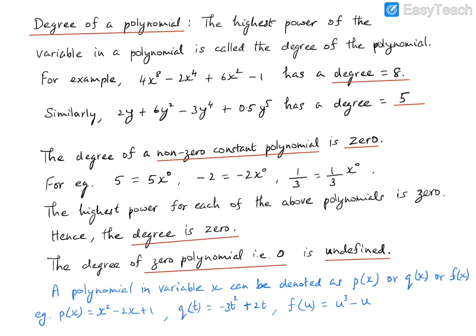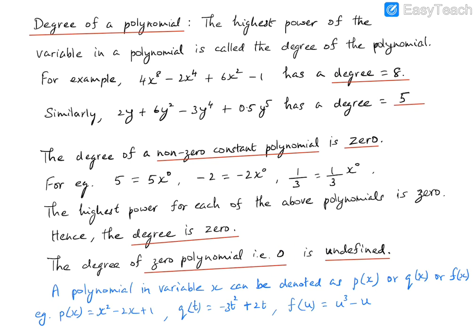However, if the constant itself is 0, for instead of 5, if we have 0, we can't say 0x^0 and say the degree is 0. Okay, that means that term doesn't exist at all, and therefore we say that the degree of the 0 polynomial is undefined. Okay, so if we have just a number 0, we cannot say this is 0x^0. It makes no sense.